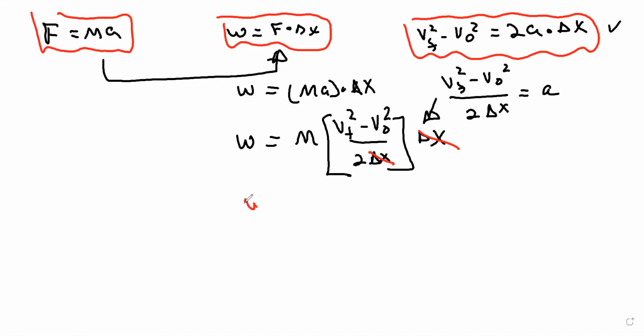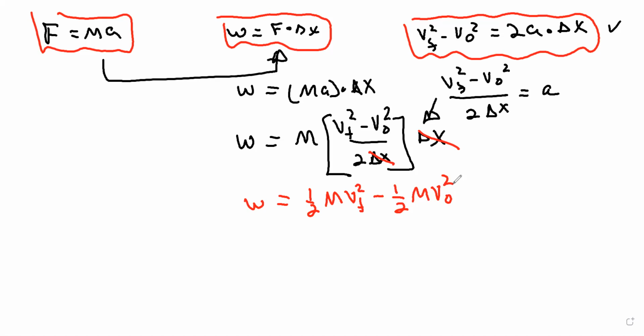And then you have that the work is going to be equal to, so you multiply the mass times the final velocity squared over 2. So it's going to be 1 over 2 mass final velocity squared minus, you do it with the second term. So it's going to be the mass times the initial velocity squared over 2. So it's going to be 1 over 2 mass initial velocity squared.